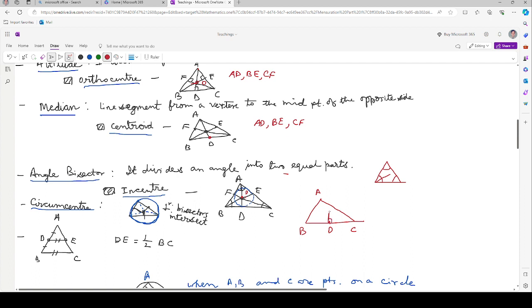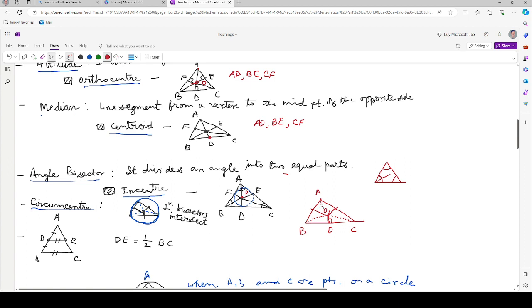And similarly, if we draw the perpendicular bisectors of AC and AB, then these will intersect each other at a common point, say O, the circumcenter of triangle ABC.